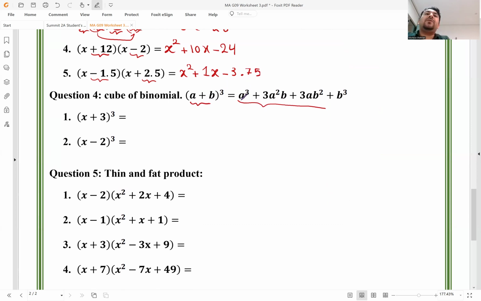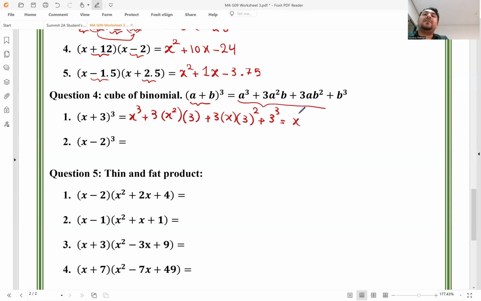According to the cube of binomial, the first term powered by 3, so x cubed, plus 3 times the first term, x powered by 2, times the second term, which is 3, plus 3 times the first term itself, times the second term, 3 powered by 2, plus the second term, 3 powered by 3.